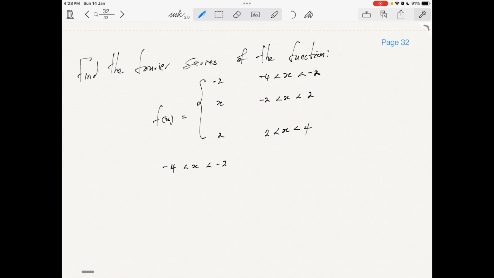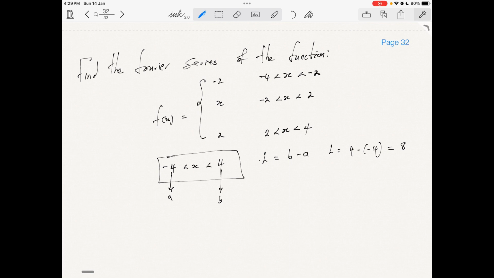So minus 4 all through down to 4 is the entire range. Therefore our L is equal to b minus a, where 4 is b and minus 4 is a. So L is 4 minus minus 4, which is equal to 8.